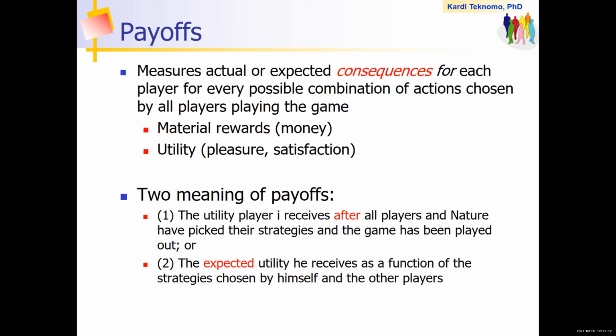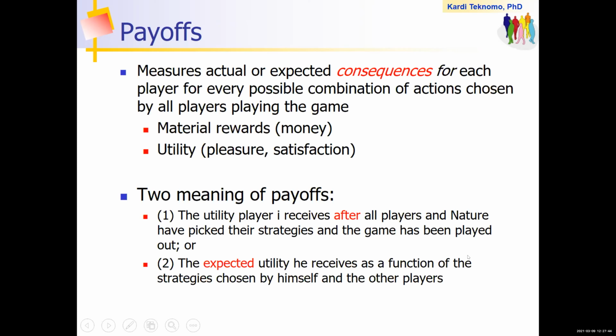Now the payoff. The payoff is basically the consequence of its action, whether it is a material reward like money, or utility like pleasure, dissatisfaction, and so on. Okay, so be careful here. There are two meanings of payoff here. One is the utility that players will receive after all the players or nature have picked their strategy.